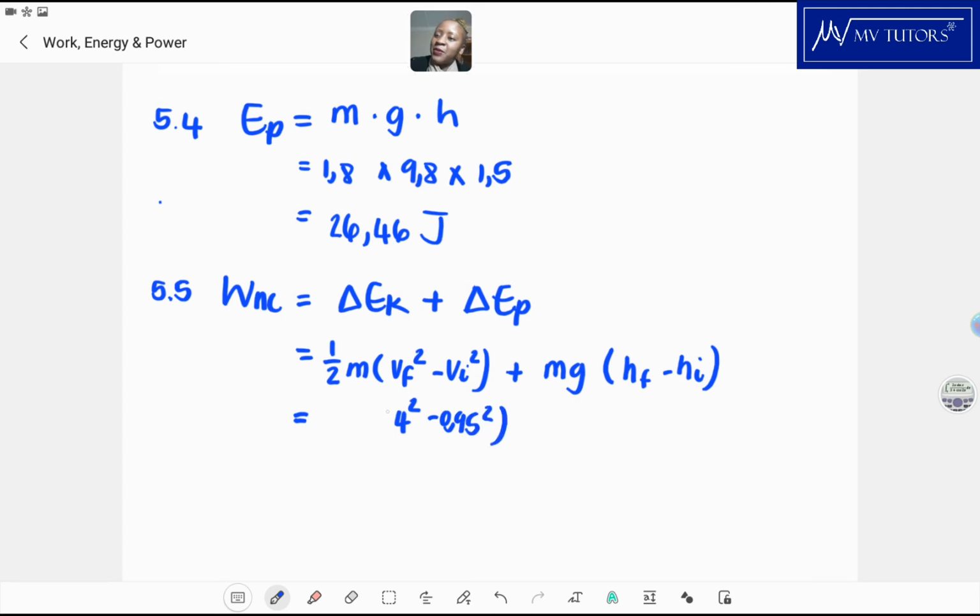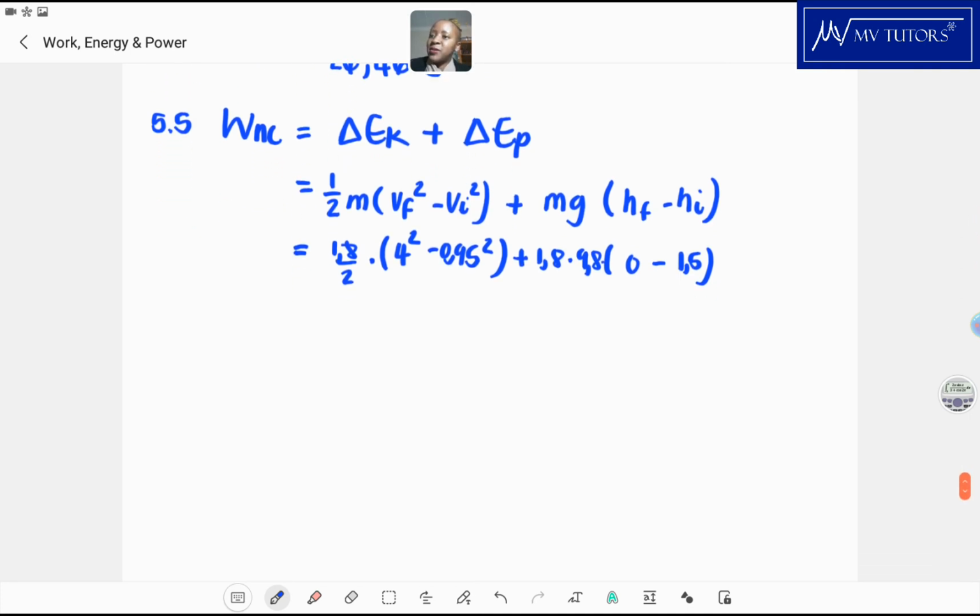The height started off at 1.5 and was 0 at the end. The mass is 1.8, so I'm just going to say 1.8 over 2. And here we have 1.8 times 9.8.